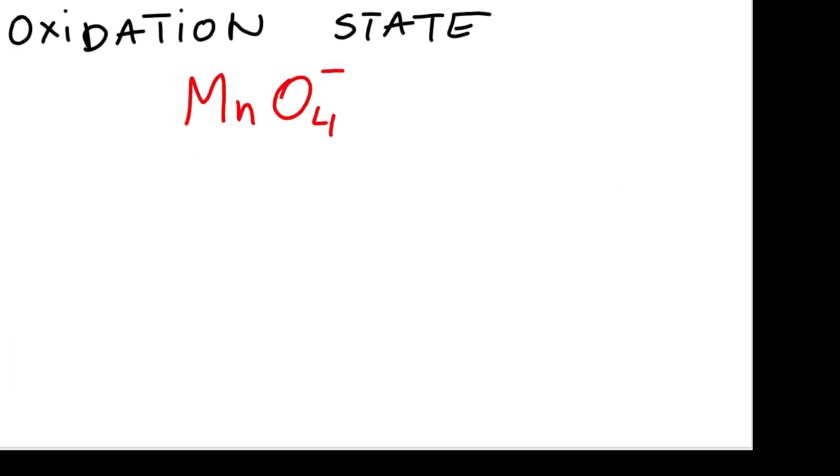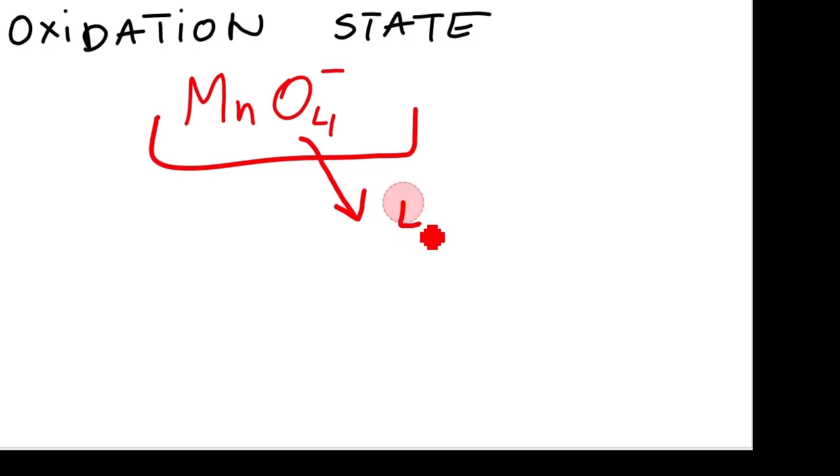Okay, let's consider another type of particle, which is not a neutral particle, but an ion. Here we have an ion of permanganate. We have 4 oxygen atoms, every single one with oxidation state equal to -2.